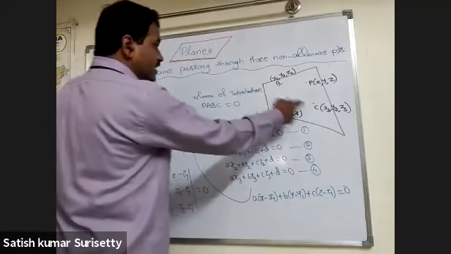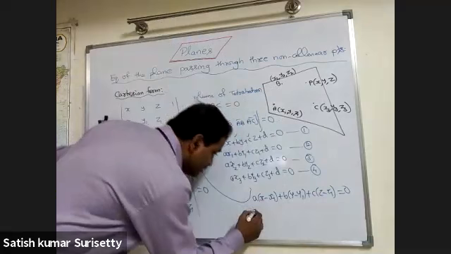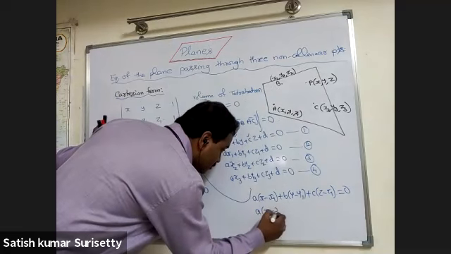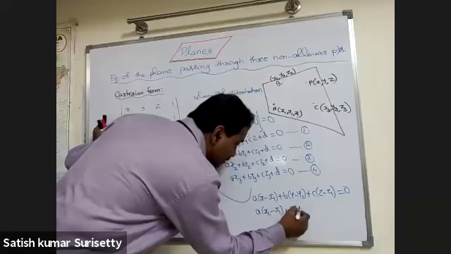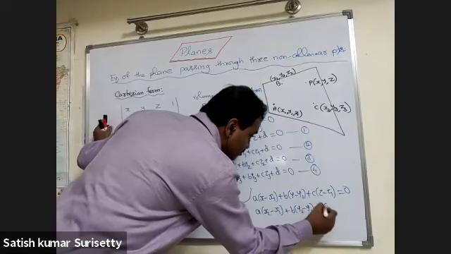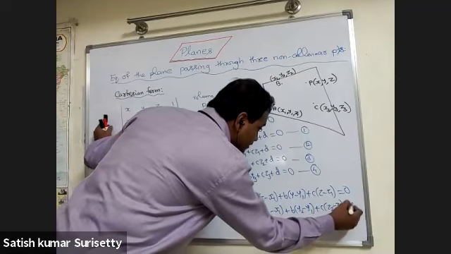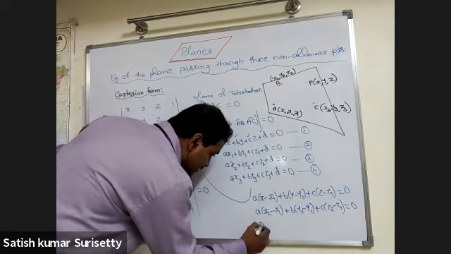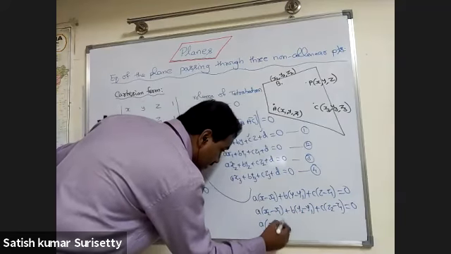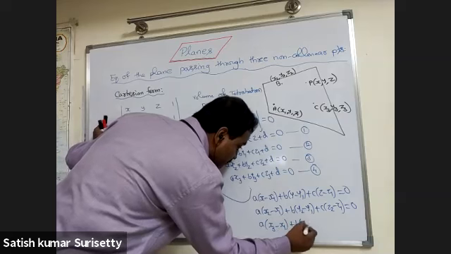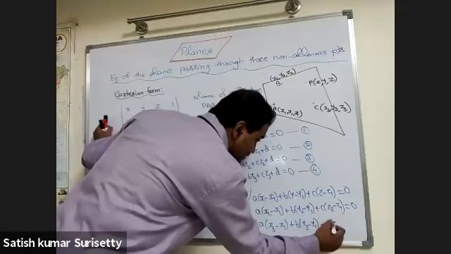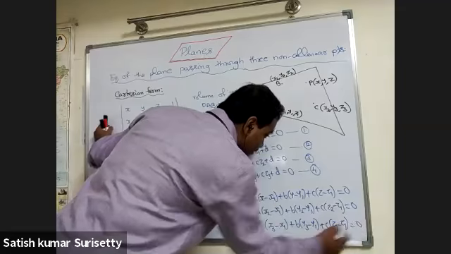Now B and C also lie on it. That means a into x2 minus x1 plus b into y2 minus y1 plus c into z2 minus z1 equal to 0, as well as a into x3 minus x1 plus b into y3 minus y1 plus c into z3 minus z1 equal to 0.